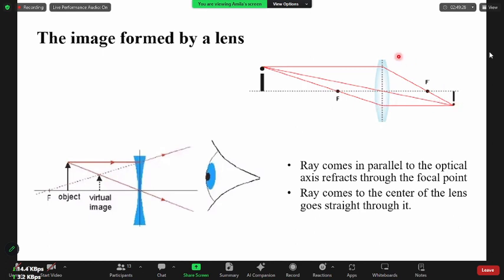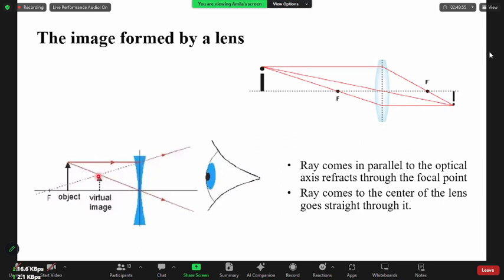So using these 2-3 rays, you can get the idea about the image. You can see this image, if you compare the height, it is less and it is inverted. This dot is here now, this one is here.